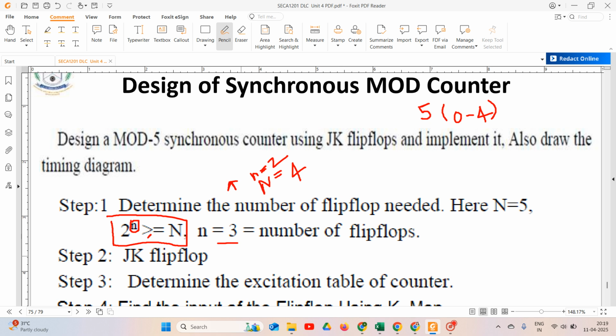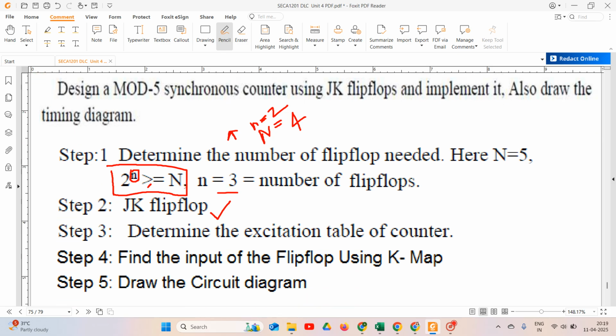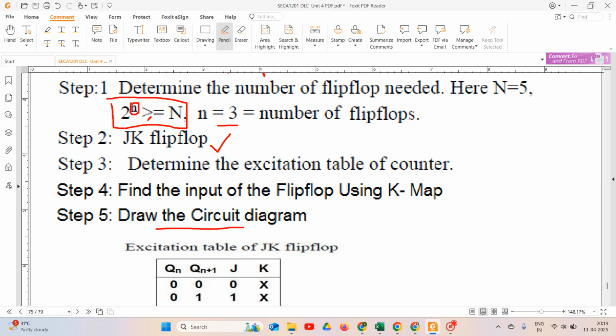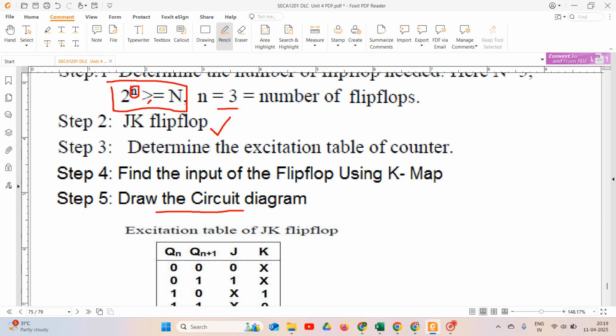Okay, so here we are going to use the JK flip-flop. In order to design this logic circuit, first we have to find the excitation table of the mod 5 counter by using the excitation table of the JK flip-flop.